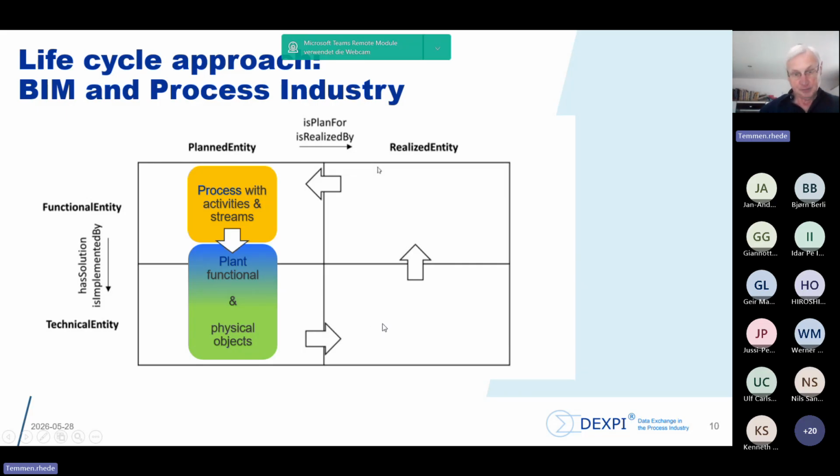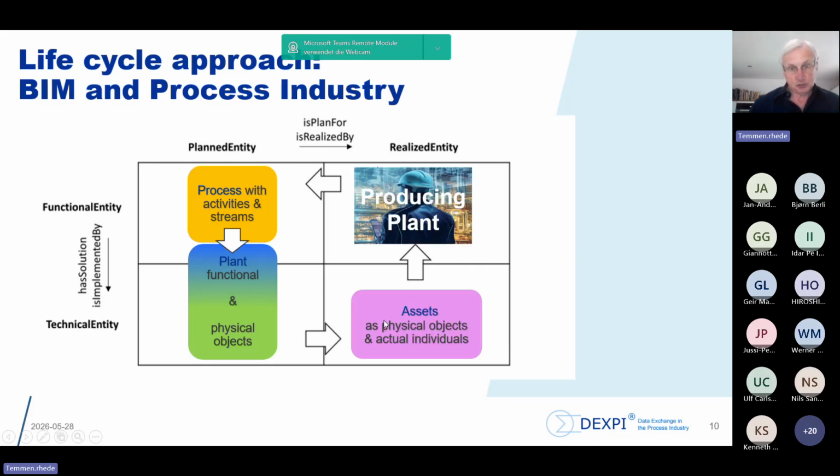To the right we have then the assets and the producing plant. And the left two ones are specified, and the right two ones are the actual objects. That is then the combination of the BIM picture with the process industry life cycle picture.